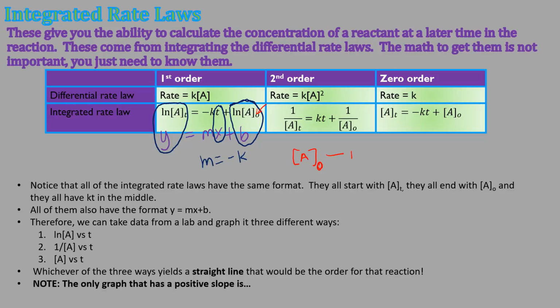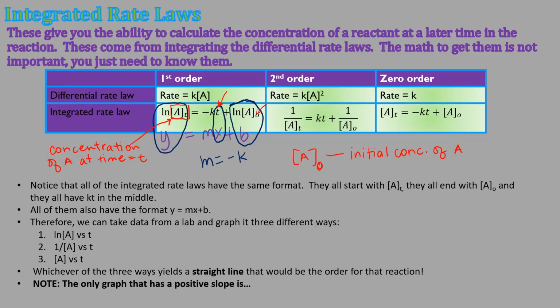So this basically means initial concentration of A. And then we see this one here, and that means concentration of A at time equal to t. So whatever time we put in here for x, the concentration of A has to be at that particular time.